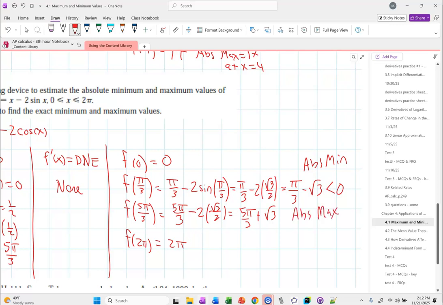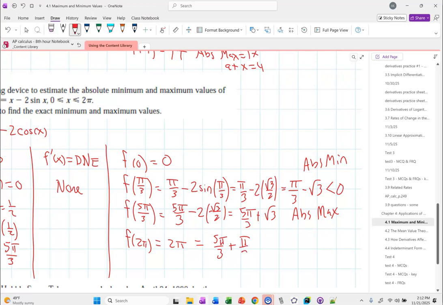This one is the absolute max. You were right. I didn't want you to go out on a limb though. I want to know why. Why do I know that's bigger than 2 pi? Well, 5 pi over 3 is almost 2 pi. In fact, 5 pi over 3 plus pi over 3 is 2 pi, right?